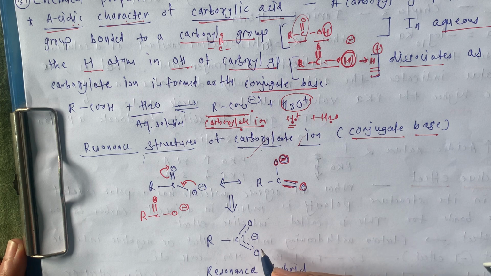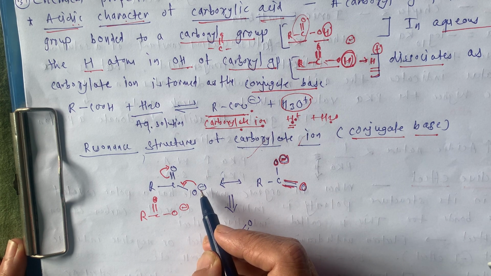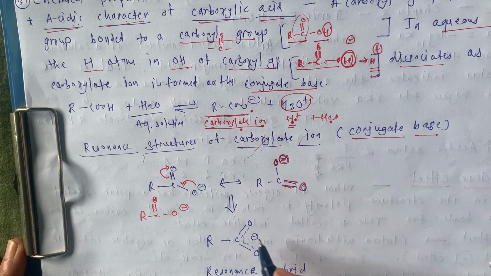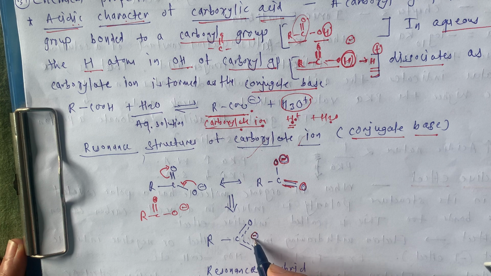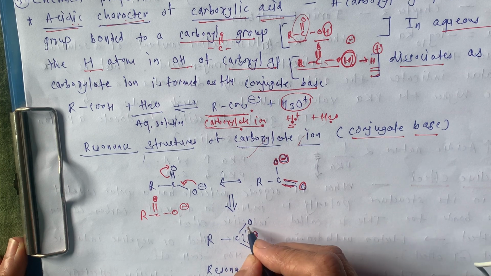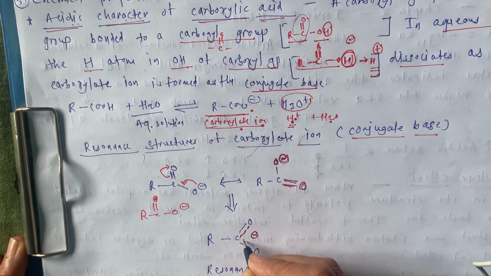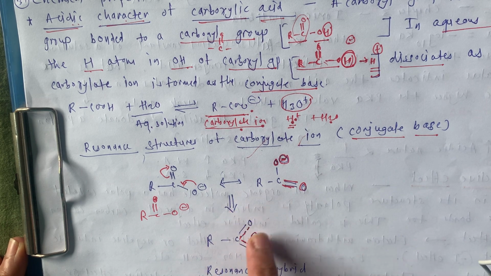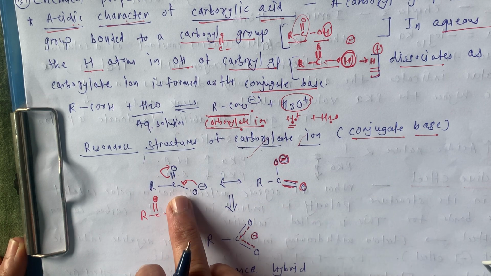Now this negative charge is going to shift. First of all the negative charge was here, so it is shifted there, and then it is going over here, meaning the negative charge is shifting over all three atoms, that is oxygen, carbon and oxygen, and we can show it by a dotted line like this. It is not permanent; it is going to shift again and acquire the original position.